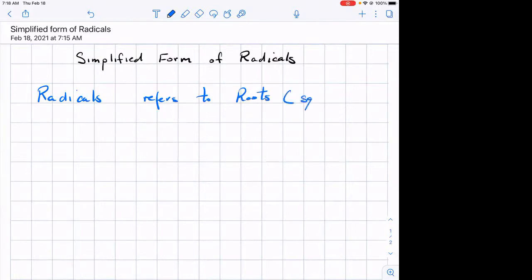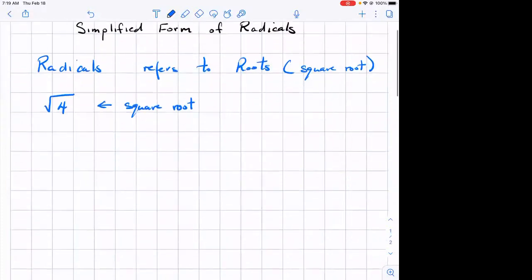Commonly, you have what is called a square root. Square root is just one example of a radical or a root. For the square root, the index is 2. If you remember, the index is what goes where that red dot is.